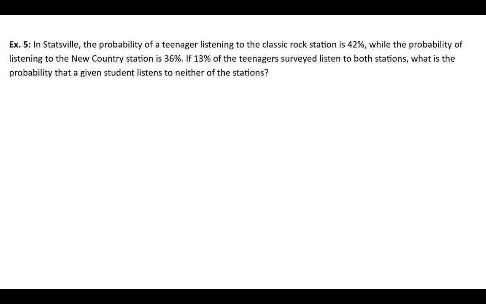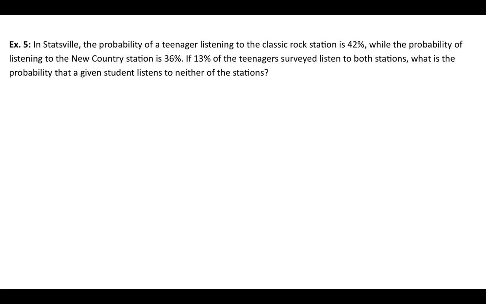Okay, so let's say we're in Statsville. The probability of a teenager listening to classic rock is 42%. The probability of listening to the New Country station is 36%. If 13% of the teenagers surveyed listen to both stations, what is the probability that a given student listens to neither? So again, if you're picturing this, there is an overlap, that 13% overlap.